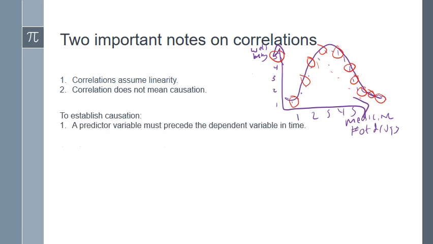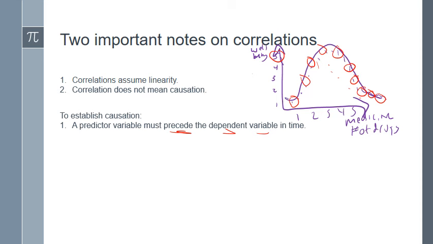The first thing is the predictor variable has to precede the dependent variable in time. So remember, you have the independent variable, which is the variable you're playing with, and the dependent variable, which is the result, the outcome of playing with the independent variable. So the predictor variable has to be there before the dependent variable ever comes into play.